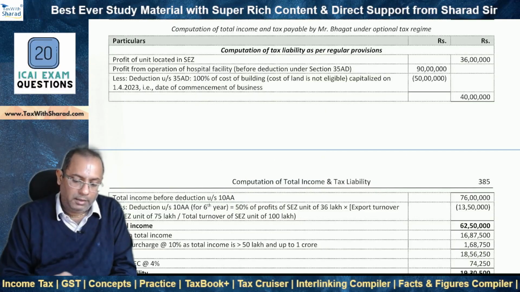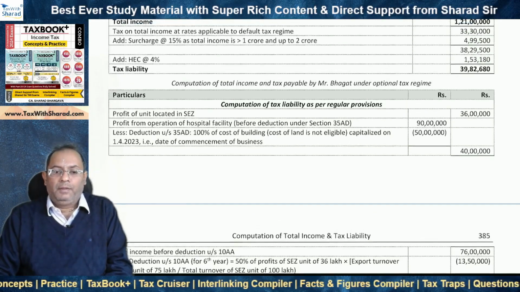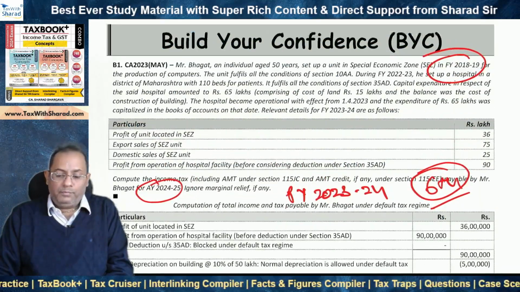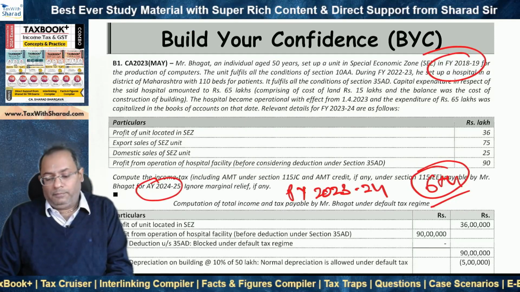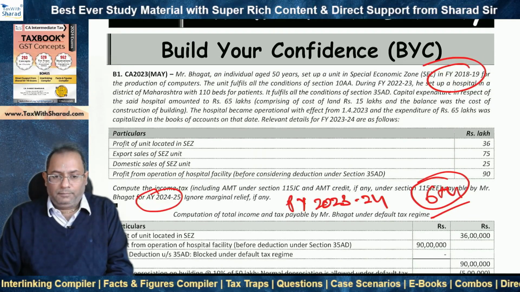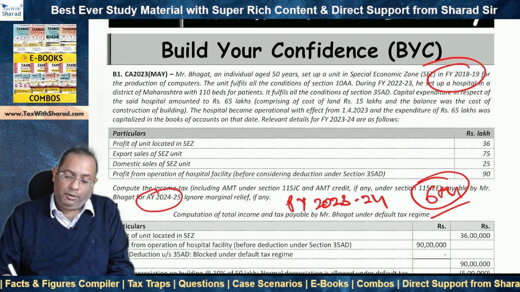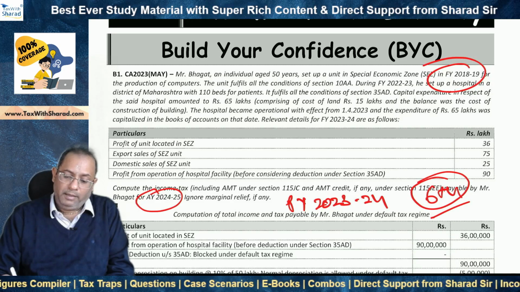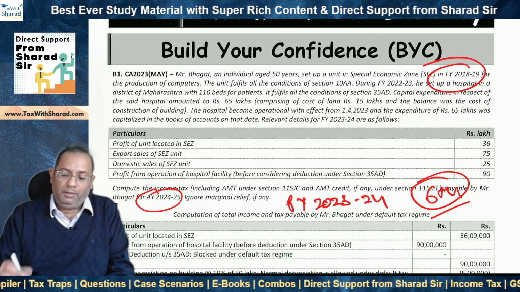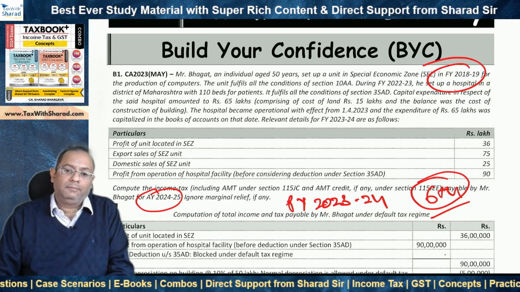So what we need to note is, whenever we are asked to compute deduction under section 10AA, we need to figure out whether the deduction should be 100% or 50%. Maybe one of the mistakes that students committed was to begin the computation of number of years not from FY 18-19 but from FY 19-20.